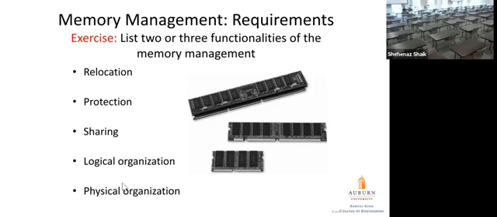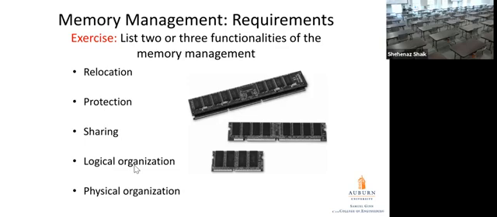So the logical address space is different from the physical address space. Or the addresses seen by the process or the programmer are different from the actual addresses where the corresponding elements are stored physically in memory.